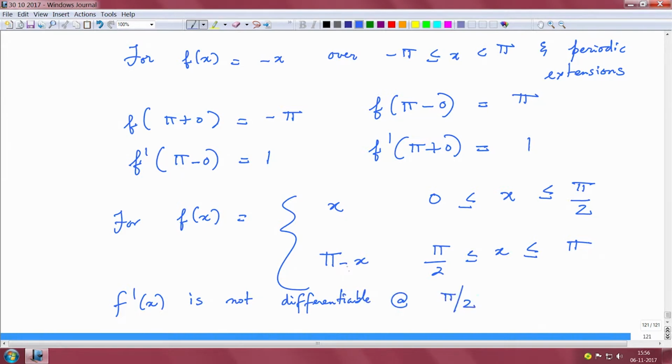You can see the slope, how things are changing when you are approaching just around pi by 2, whether you are going to the left side or on the right side. You compute the left and the right derivatives, and you will conclude that the limits do not agree.